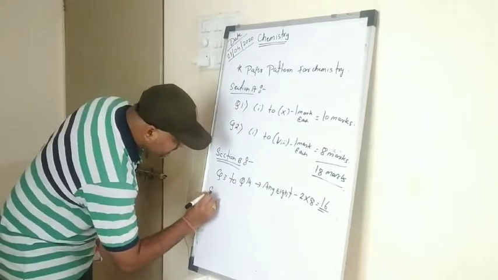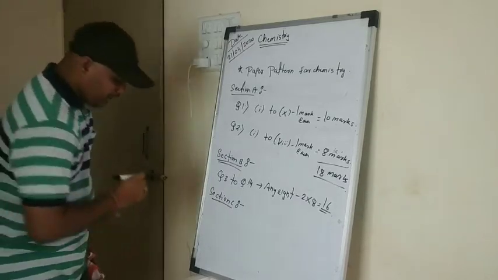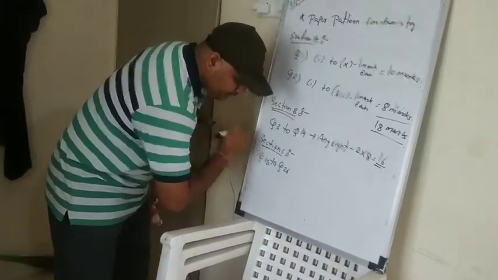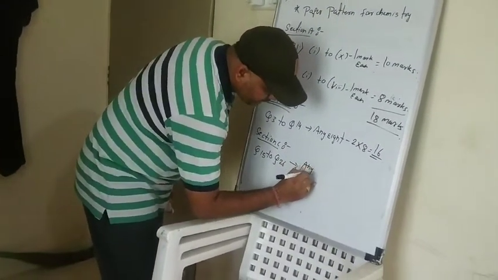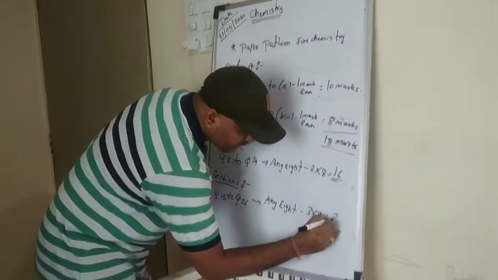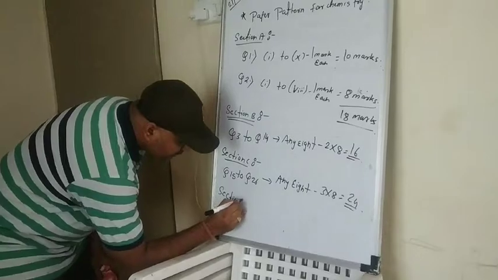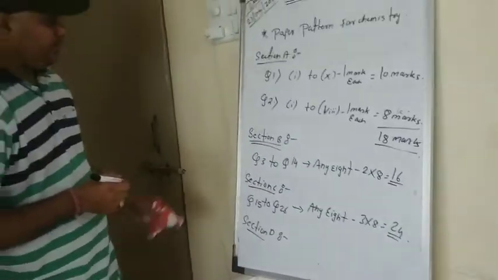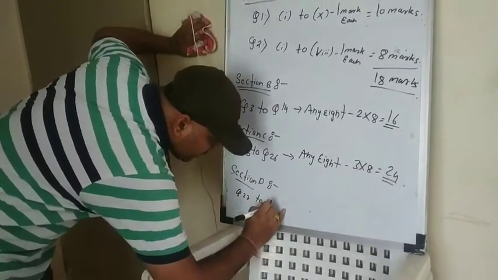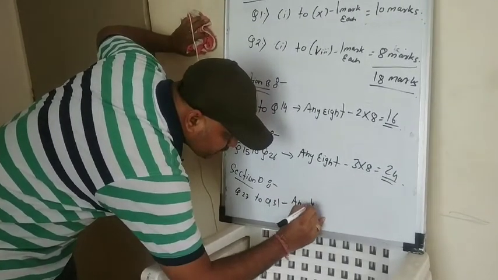Then in Section C, we begin from question number 15 till question number 26. That is again any 8, so 3 into 8 equals 24 marks. And Section D will be from question number 27 to question number 31. That will be any 3. It is also any 3.